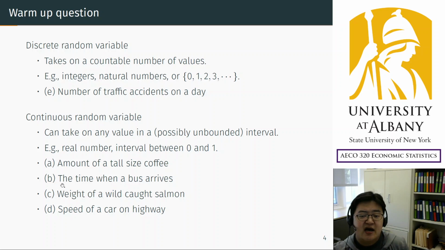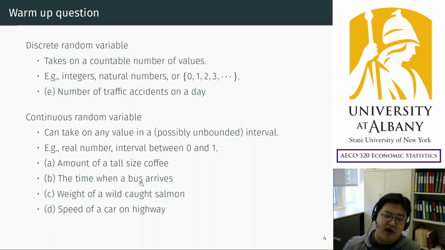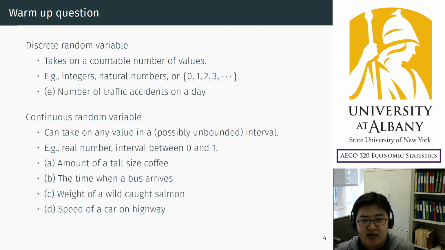And B, the time when a bus arrives. Suppose that a bus is supposed to arrive at noon, but it can be late or come early by, say, 1 second, 2 seconds, or 0.1 second. If you measure that with a super accurate timer, then it can be any time.